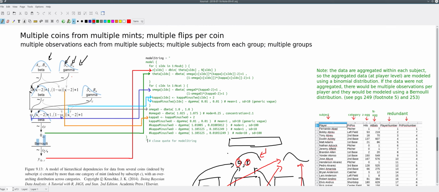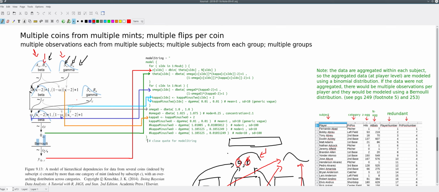This at the higher level is a beta distribution, and this kappa at the higher level is another gamma distribution. So the first is embedded in the second, which is embedded in the third, and the third is embedded in the fourth. So there are 4 levels over here for theta when you trace through the omegas, and for the kappa you have 2 levels, one over here and the other over here.